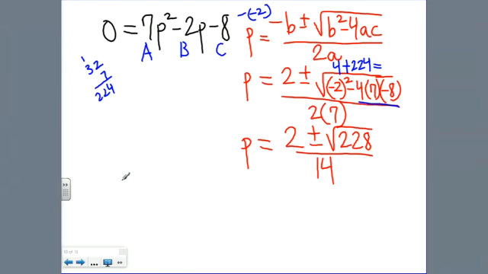Now, 228 is not a perfect square, but we can break it down to one of the factors of the number that is a perfect square. Let's see. Hang on just a second, y'all.